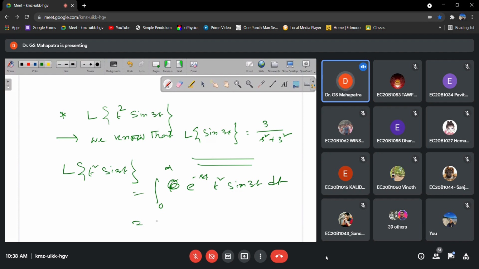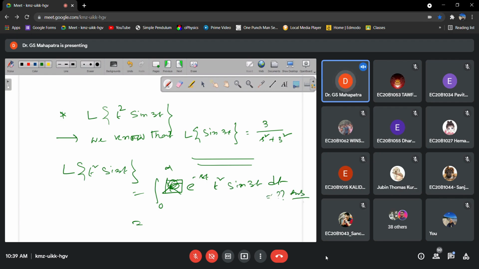How many steps you have to do? Which one is easy? This one or earlier? We can apply the earlier solution, the earlier concept. I think integration is easy, correct? This integration, what will be the answer? Find it, you will get the answer.